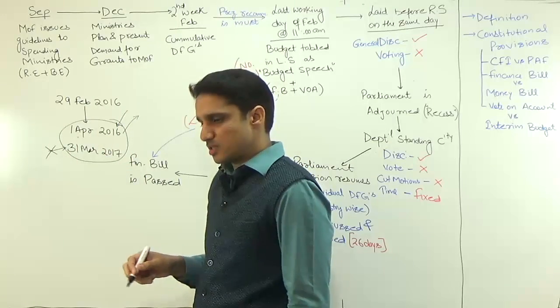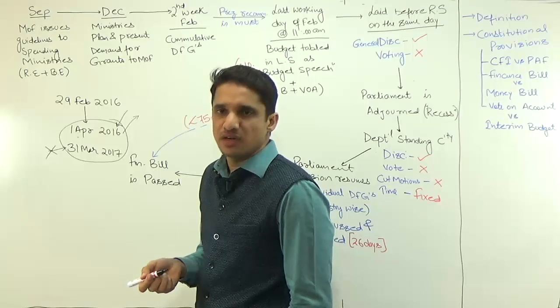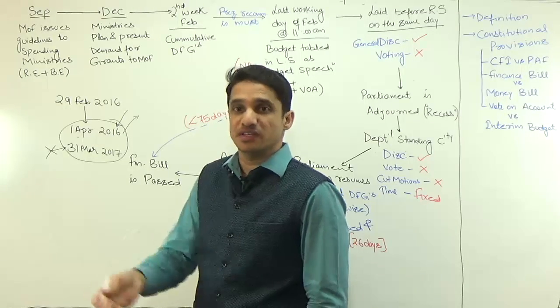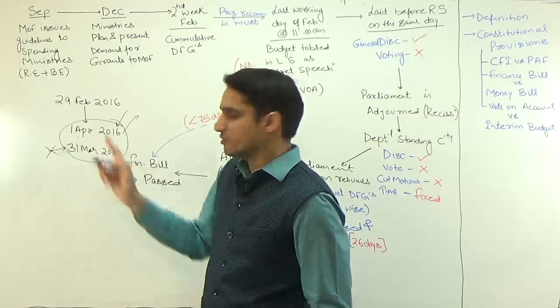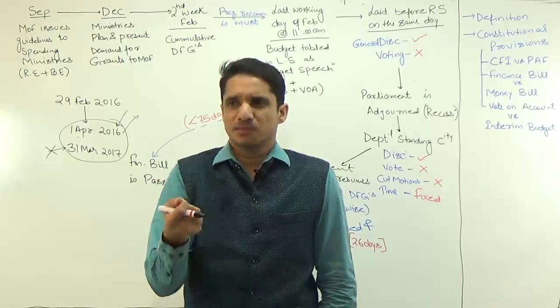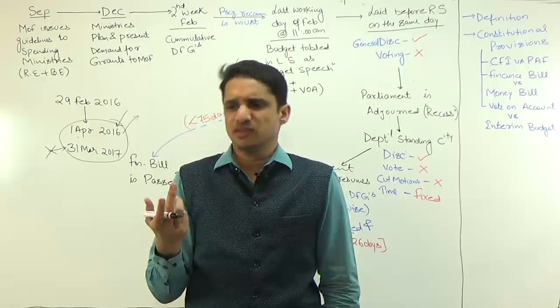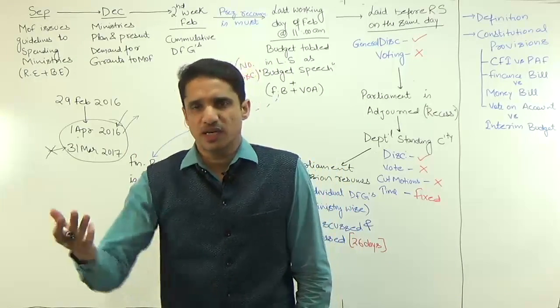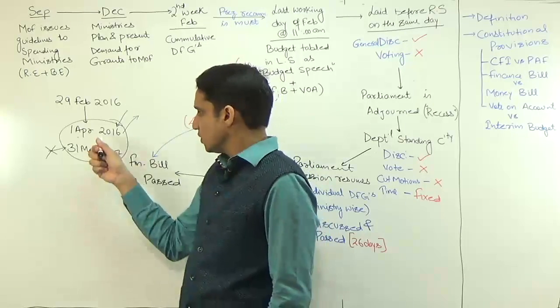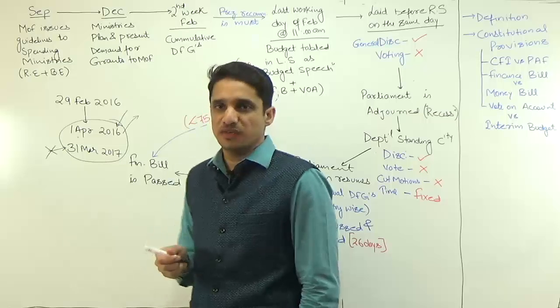But the government sometimes creates a non-lapsable fund if it is for a specific purpose, for example, making national highways. Suppose you allocated some funds for the national highways, but due to some judicial intervention in the land acquisition, you were not able to construct that particular national highway.